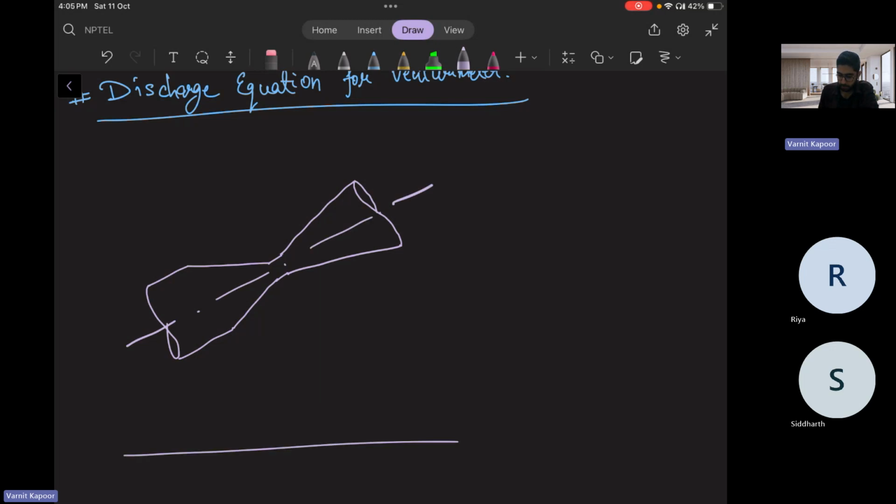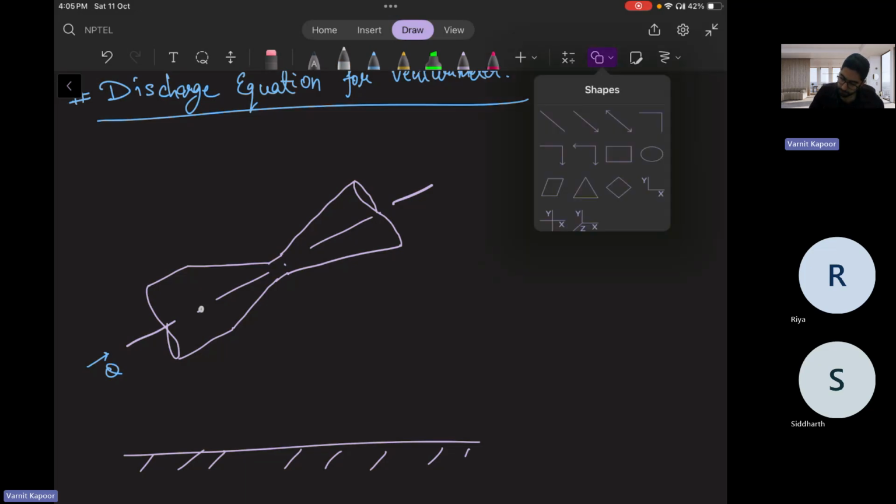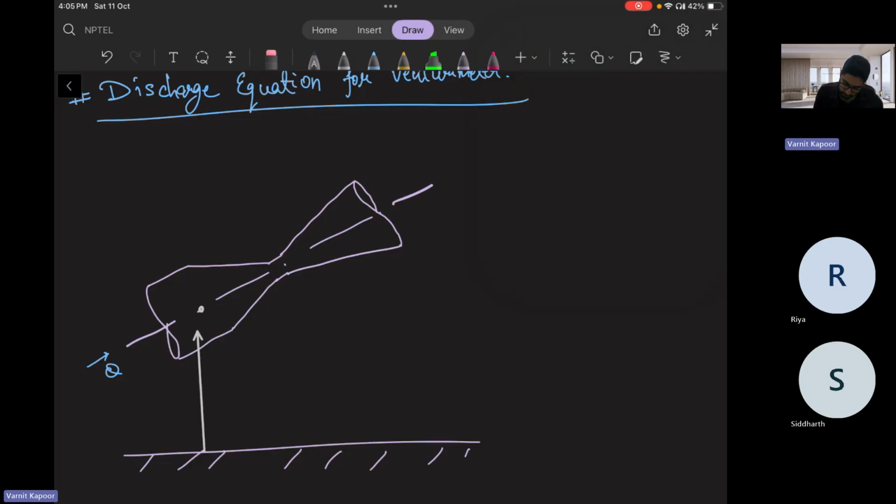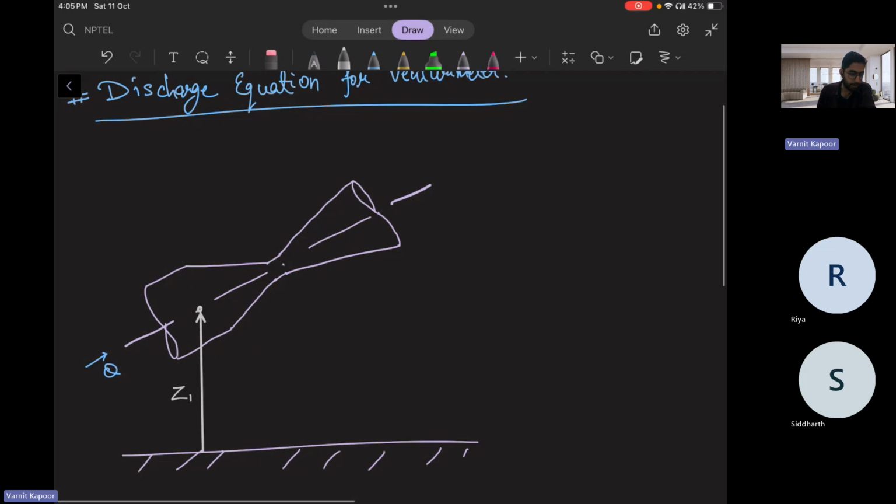And this is generally a reference. Let us say the flow is happening like this, with the flow rate Q, which we want to estimate. Let us assume a point 1 here, which has a distance of Z1 from the base, and a point 2 here at the throat section. This position is Z2.